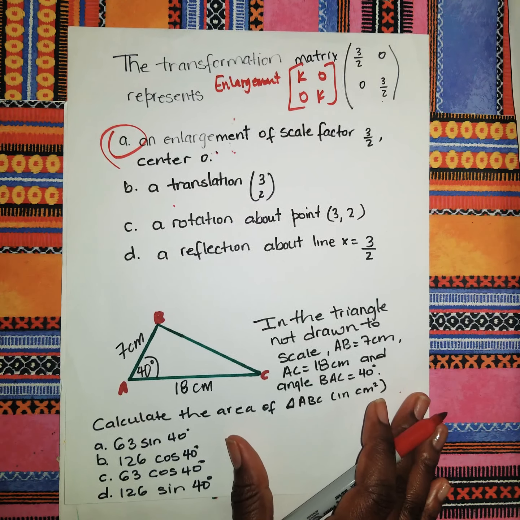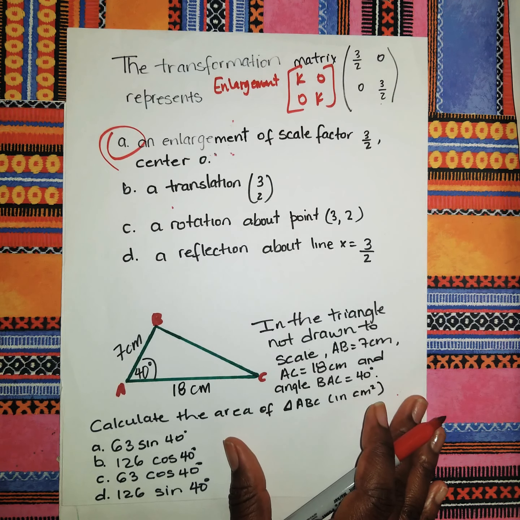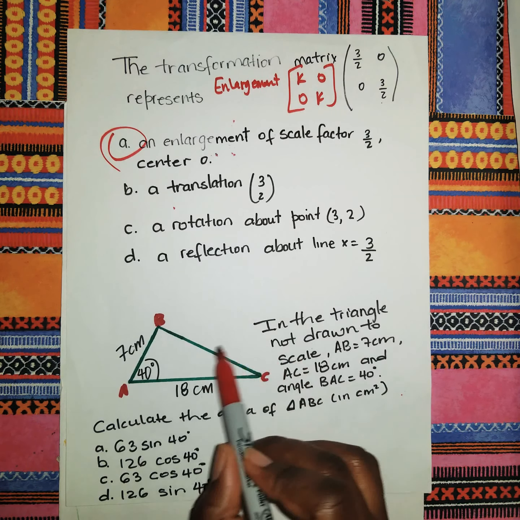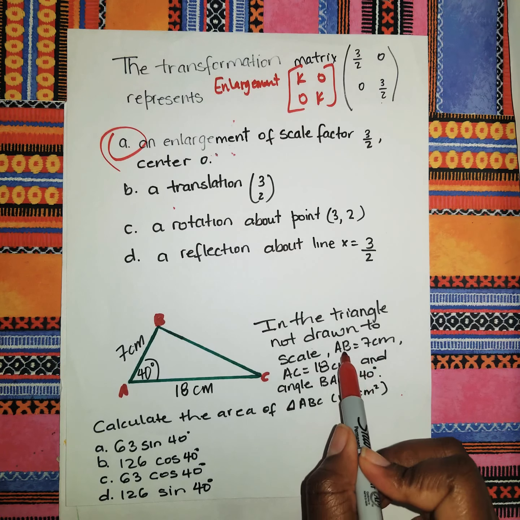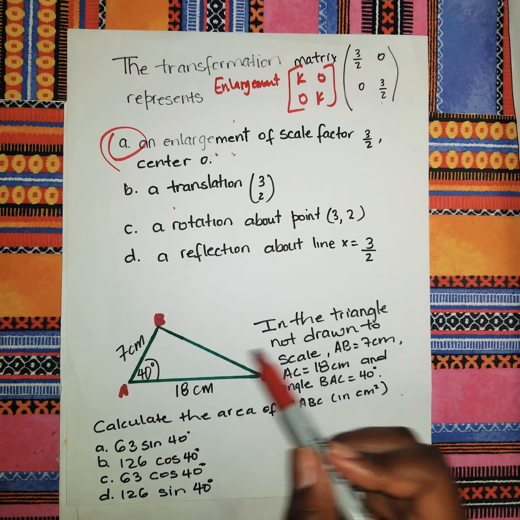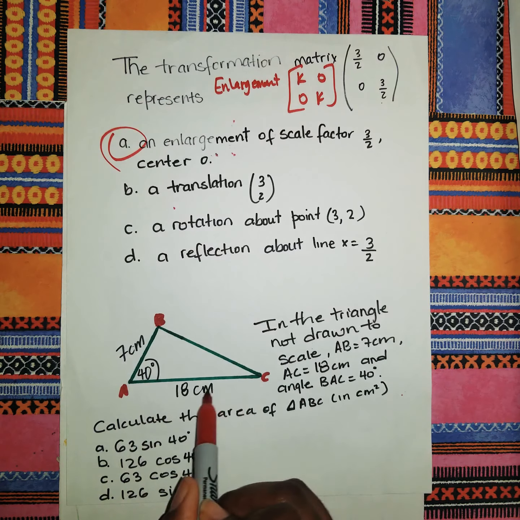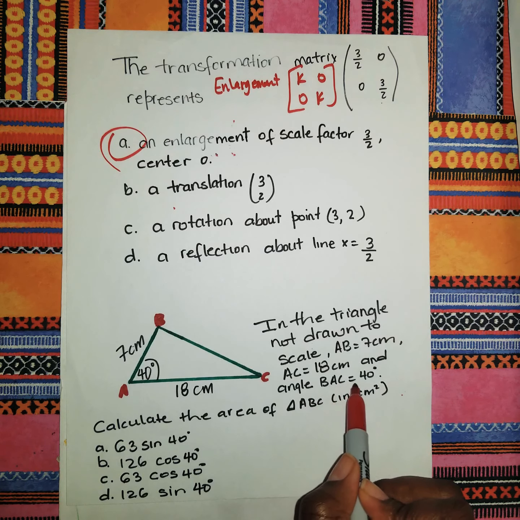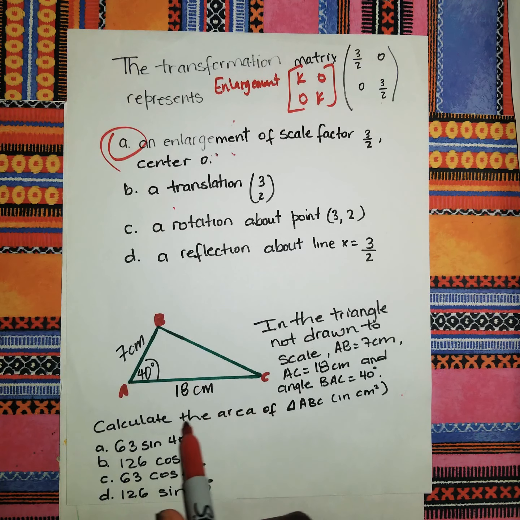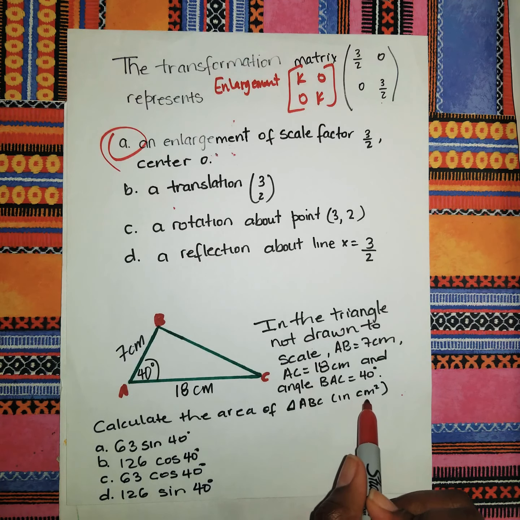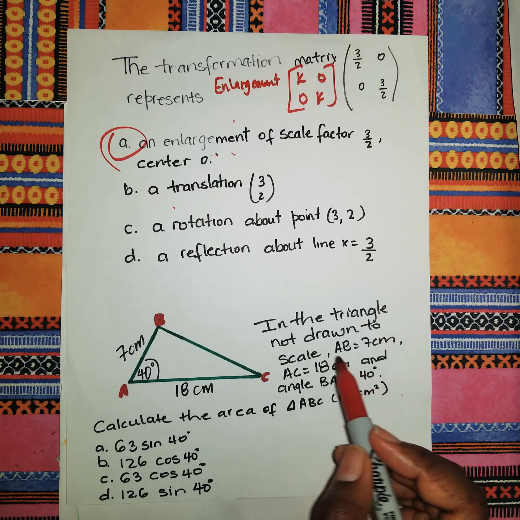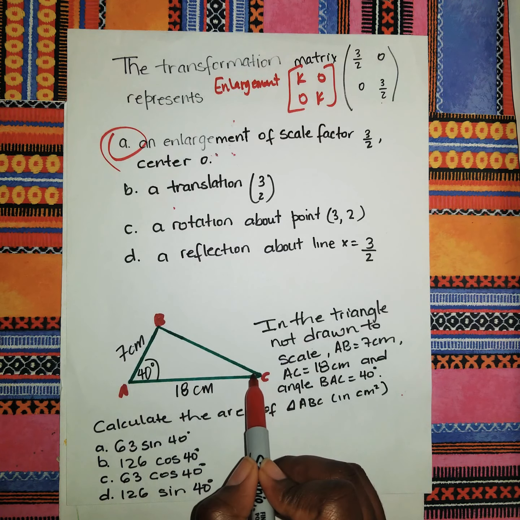So for this question, it states that in the triangle, drawn to scale, AB equals 7 centimeters, AC equals 18, and the angle BAC equals 40 degrees. Calculate the area of the triangle in centimeters squared. So we know this triangle, guys, is not a right angle triangle.